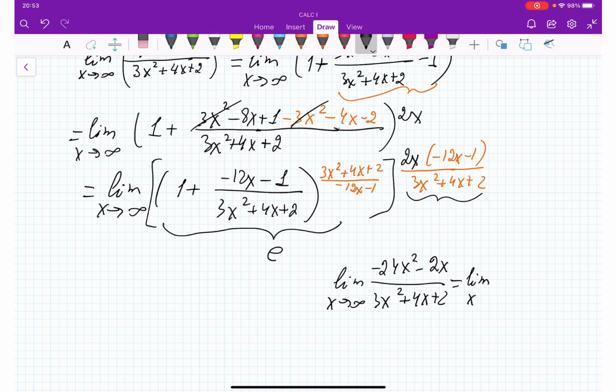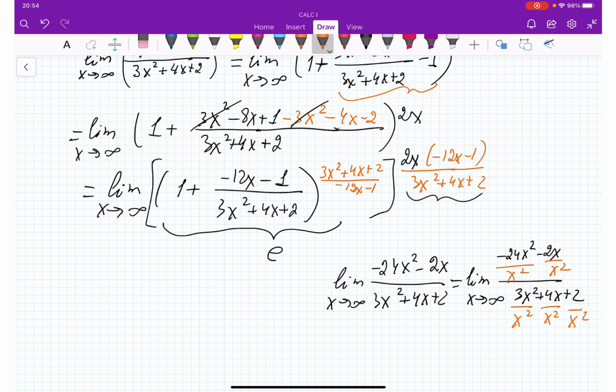If I divide by x squared, the highest degree, each term in the numerator and denominator: negative 24x squared minus 2x, and denominator 3x squared plus 4x plus 2, all divided by x squared.